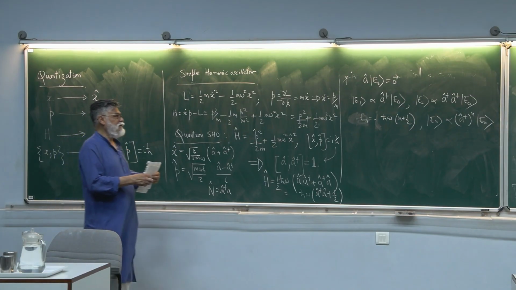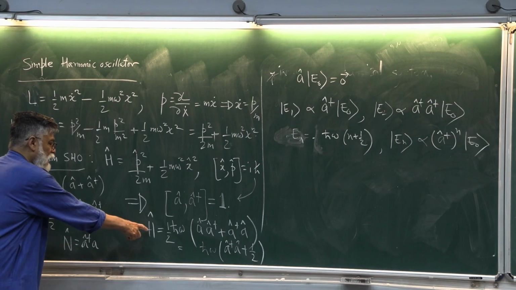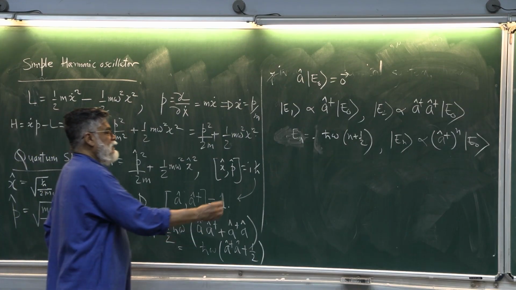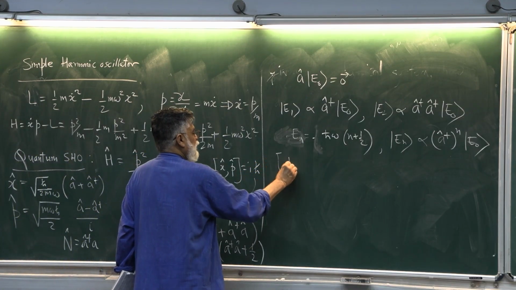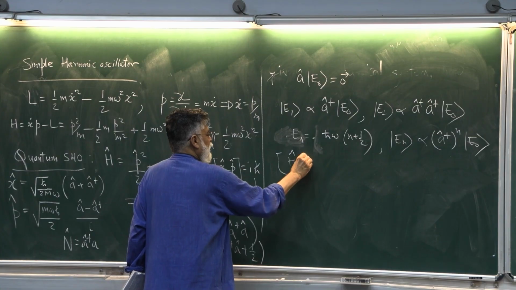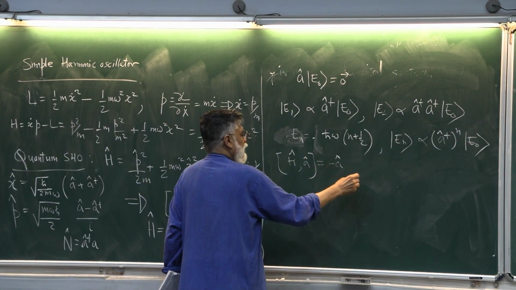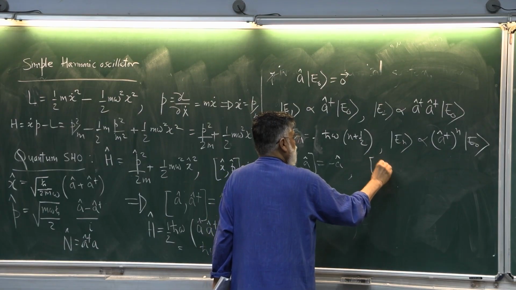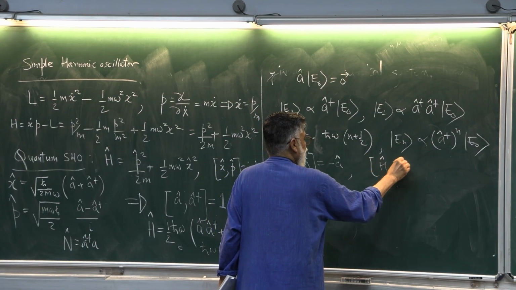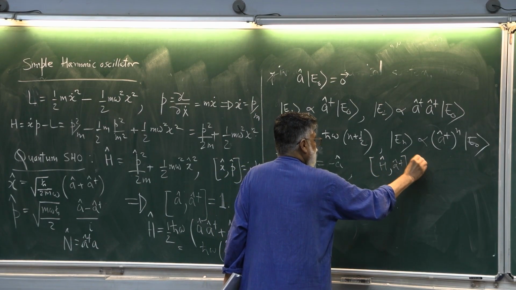Because why? Because if you find the commutator of H with A, the reason why it happens is that the commutator of H with A will turn out to be minus A, while the commutator of H with A dagger is positive A dagger.